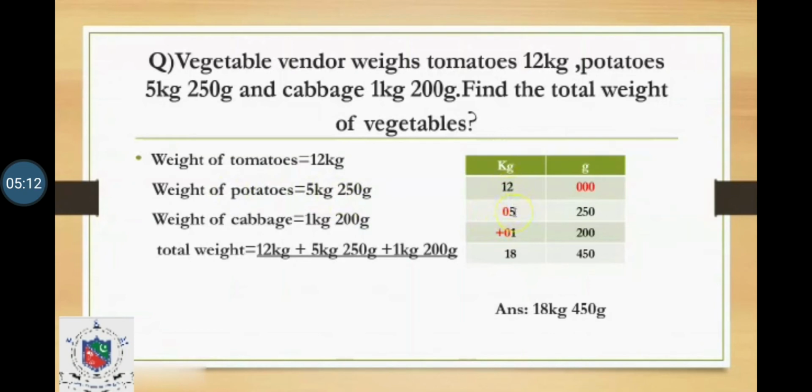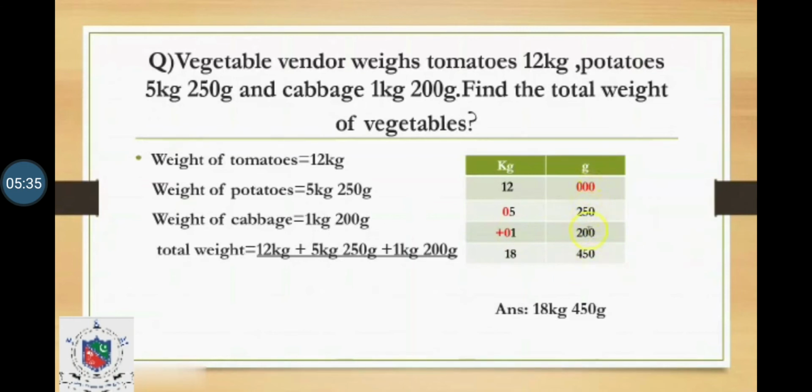And here also we have a single number, so we put 0 and 250 gram. Then the third vegetable is cabbage, and we have to write in columns like this. And to find out the total weight, we have to add all these.